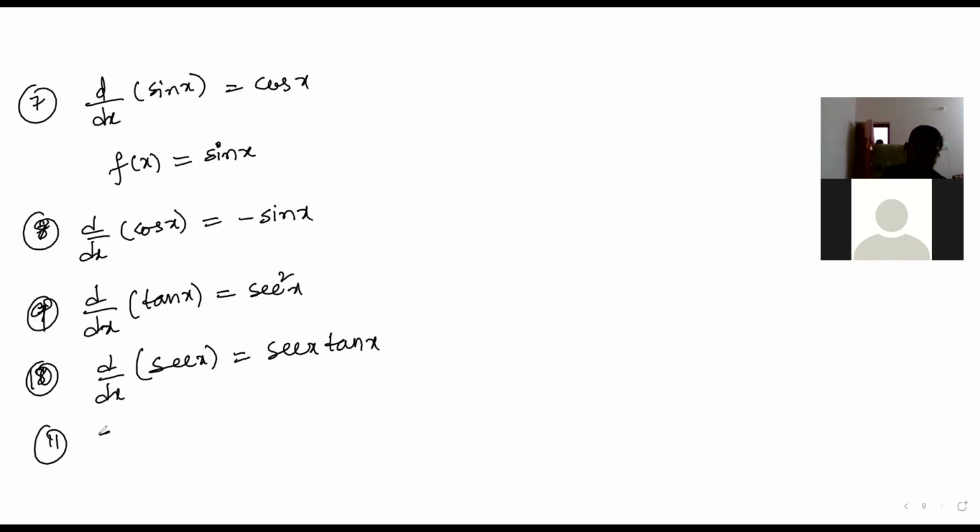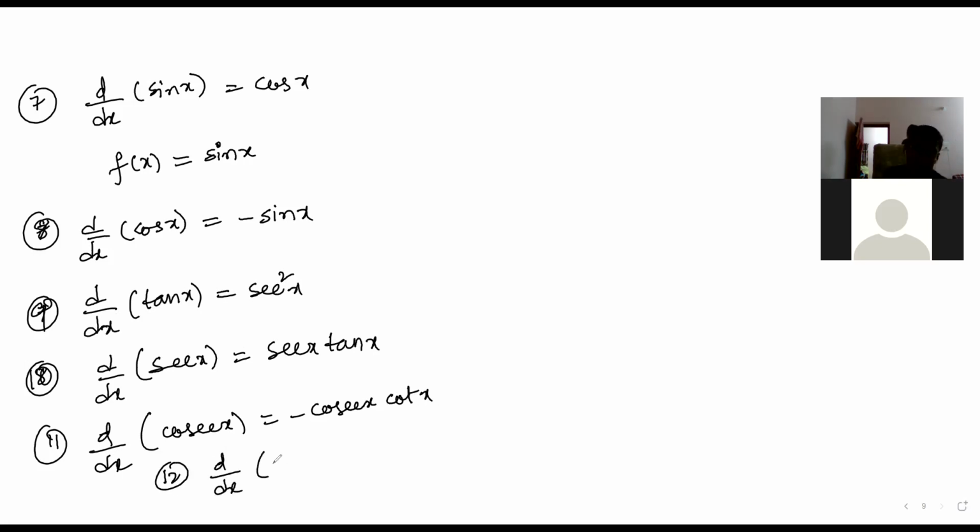And next, d by dx of cosecant x is minus cosecant x cot x. Next, d by dx of cot x is minus cosecant square x. This much we should know. So all these formulas we should know.